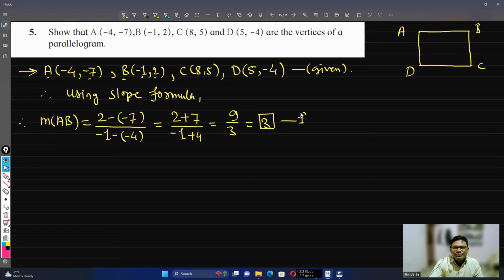So we will give statement number 1. Now, slope of the opposite side of AB, that is CD. So slope of CD, from the formula we will write minus 4 minus 5 divided by 5 minus 8.